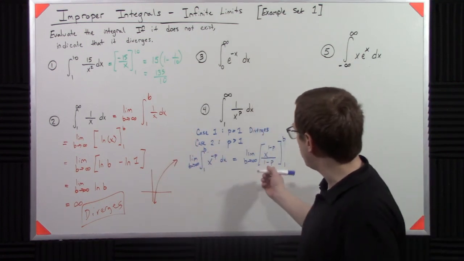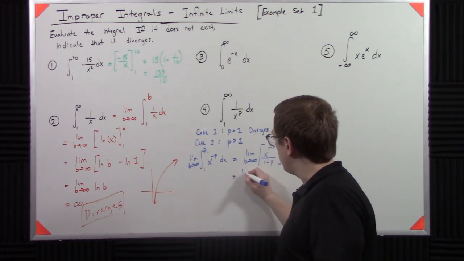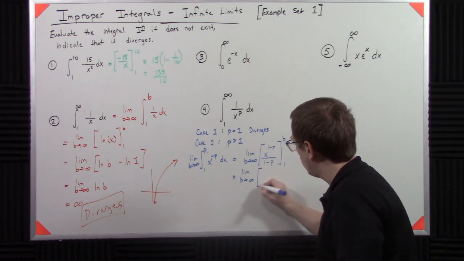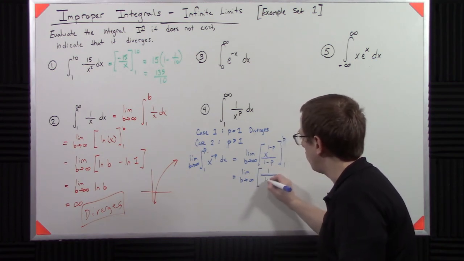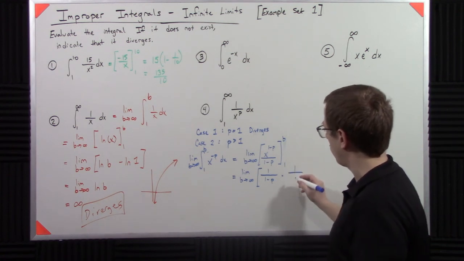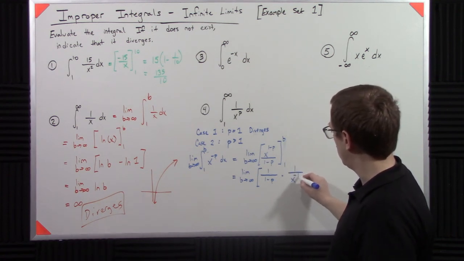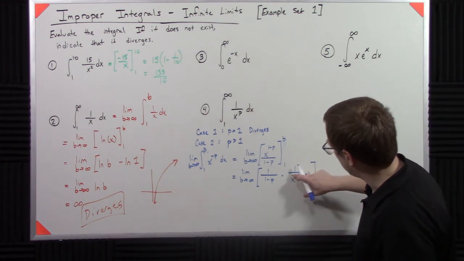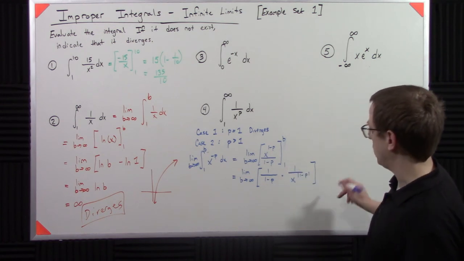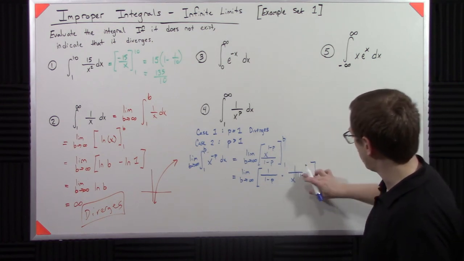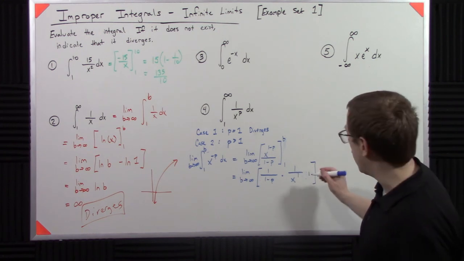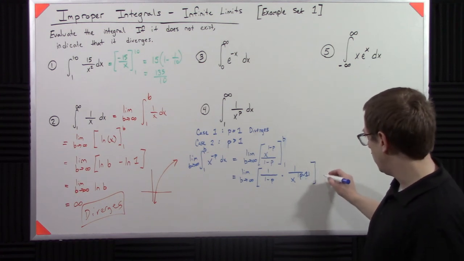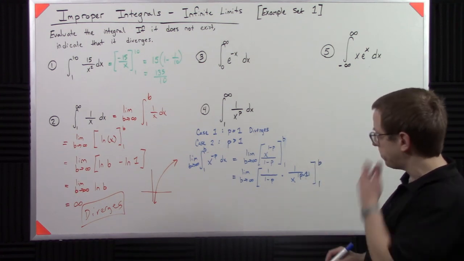So what we can do is we can say, well, that's the limit as b goes to infinity of 1 over 1 minus p times 1 over x to the absolute value of 1 minus p, or probably better to write it as p minus 1, from 1 to b.